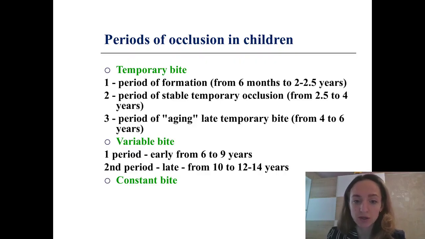First, a period of formation, then a period of stable temporary occlusion, and a period of late temporary bite. The second is variable bite, with two periods, early and late. And the third is a constant bite.